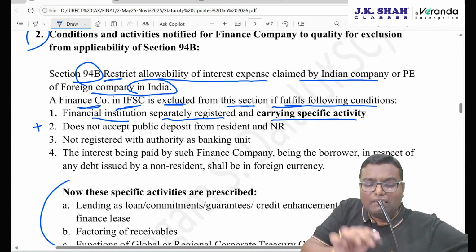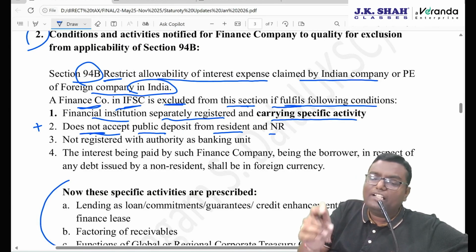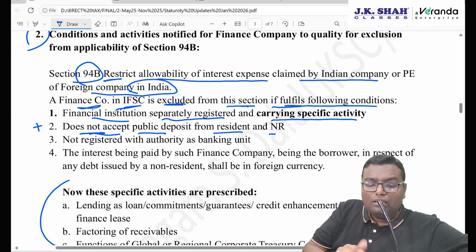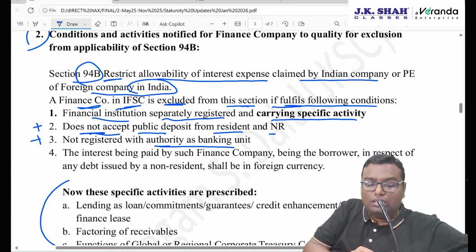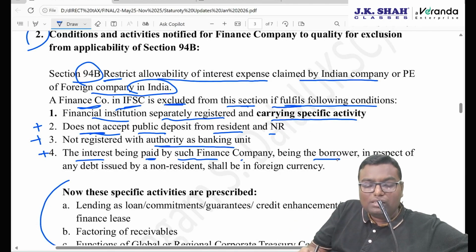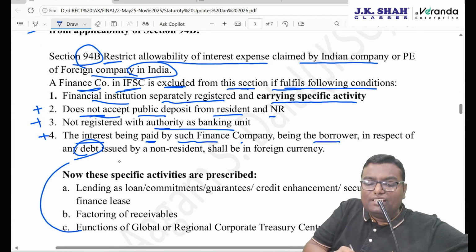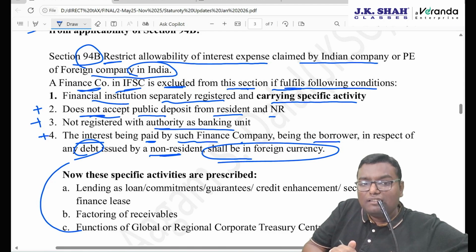Second condition, this finance company should not accept public deposit either from resident or from non-resident. It should not be registered with authority as a banking unit. It should not be a normal bank. The interest should be paid by such finance company being the borrower in respect of any debt issued by a non-resident shall be in foreign currency.